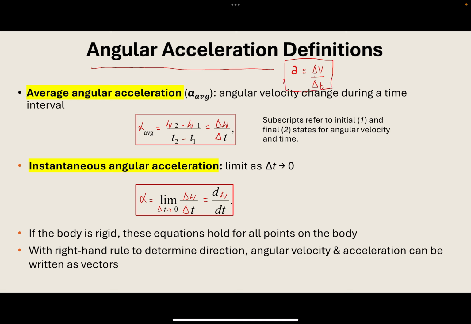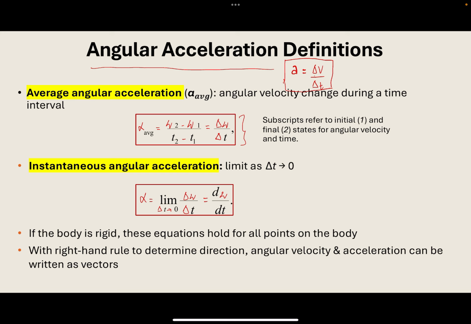In rotational motion, we replace linear velocity v with angular velocity omega. So the average angular acceleration is defined as alpha average equals omega 2 minus omega 1 per t2 minus t1, equals delta omega per delta t.